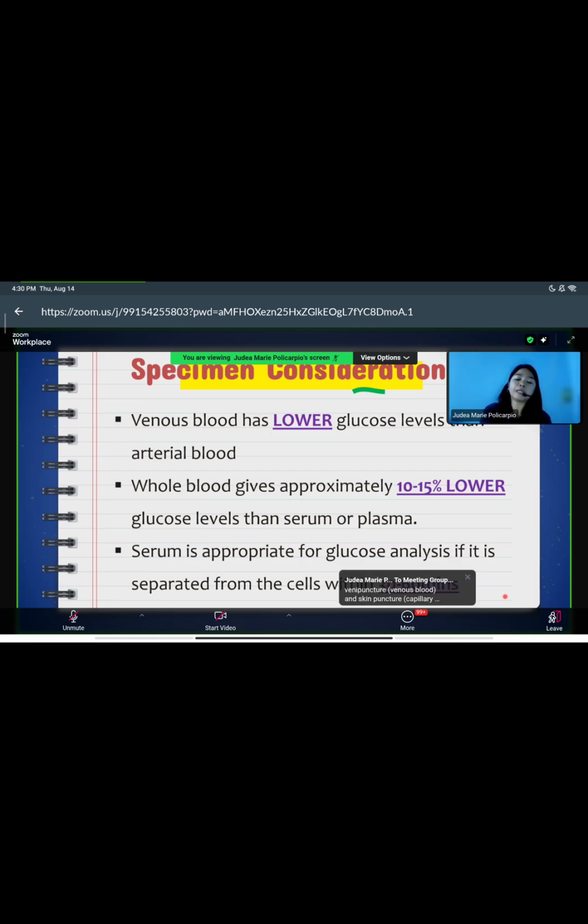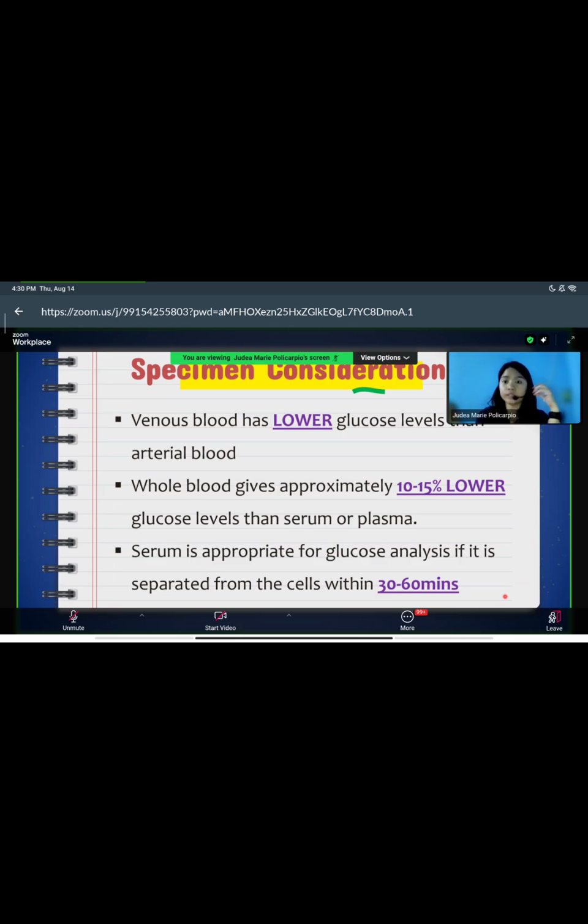Kapag skin puncture naman na makukuha mo ay capillary blood. We are theoretically not allowed to do the arterial puncture. Okay? So therefore, ang reason lang naman kung bakit venous blood yung mas preferred natin kasi mas madali siyang kolektahin. At yun lang din naman ang allowed tayo mga medtechs to do.